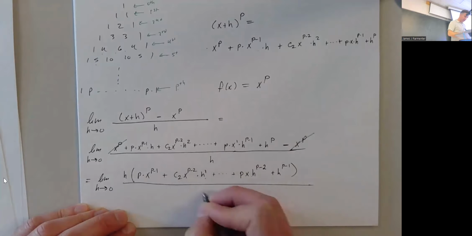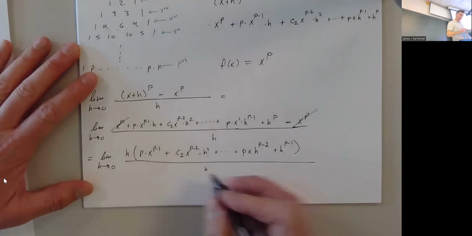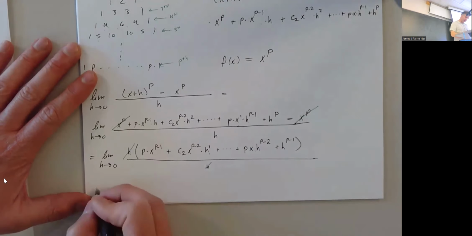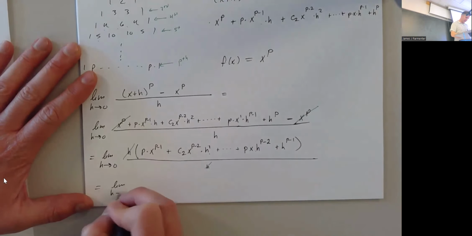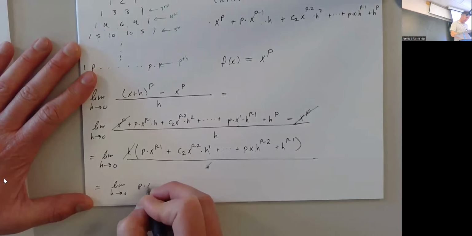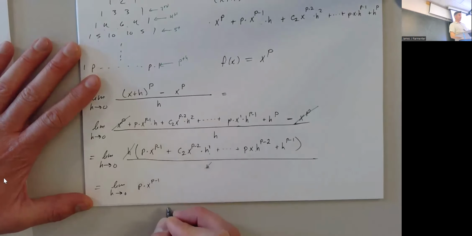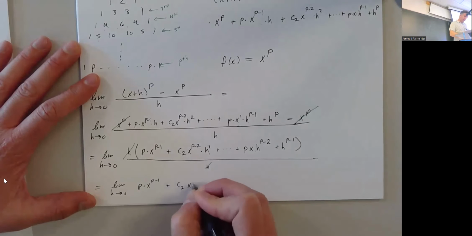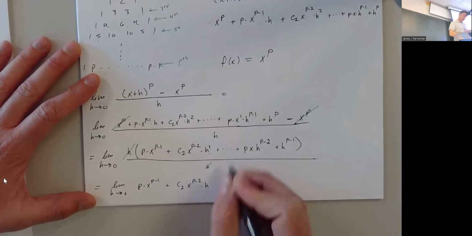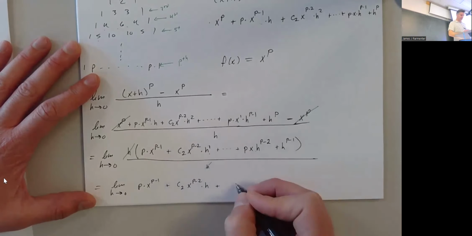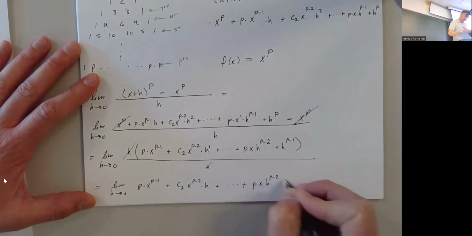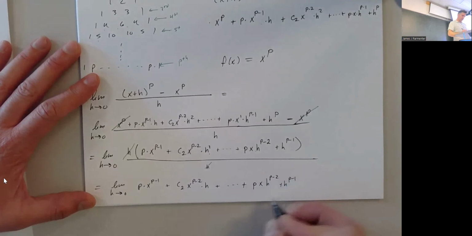All divided by h. And I think I left myself enough room here. H divided by h is 1. And then we're going to rewrite this as the limit as h goes to 0 of p times x to the p minus 1, the only thing that doesn't have any h's in it, plus all these other terms that have either h to the first, or the next one would be h to the second, or h to the third, plus all the way to h to the p minus 2, plus... sorry, p times x times h to the p minus 2.